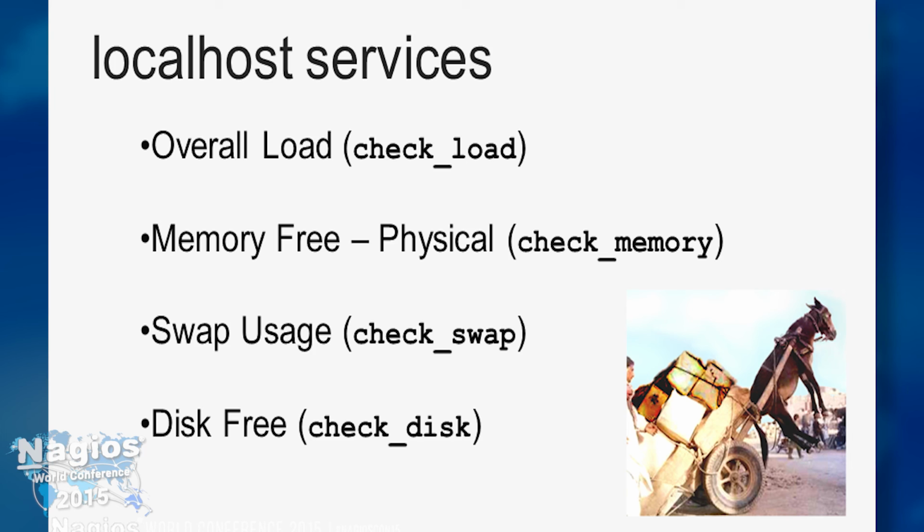That swapping slows down XI, because disk is much slower than memory, and it causes bottlenecks in the system. We already have a swap usage check built into XI by default, but there's a memory free check as well that you need to run, and that will tell you how much physical free memory you have.